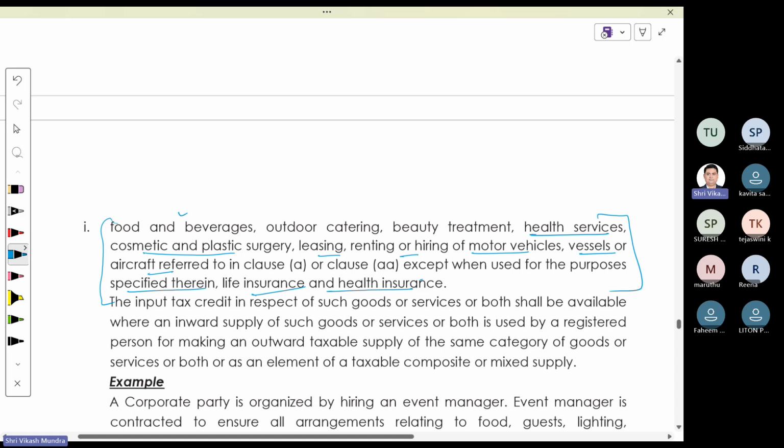Food and beverages, you are the ultimate consumer. Outdoor catering, beauty treatment. It is not like you are bypassing this beauty treatment. Miss Lily went to a beauty parlor for makeup treatment, and obviously it is her personal use. We cannot say that she will transfer that beauty treatment to some other girl. It is not possible. So this is a personalized service. ITC is not available on it.